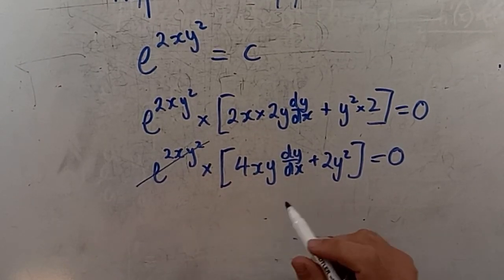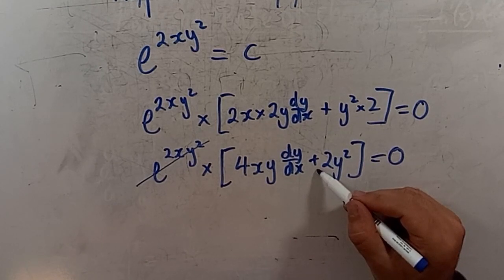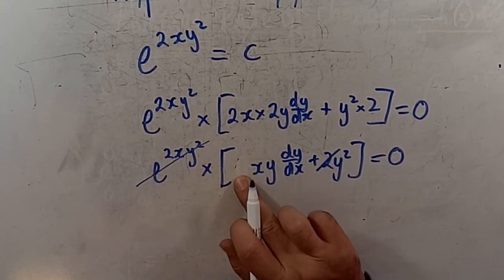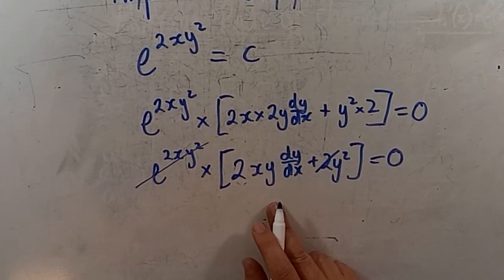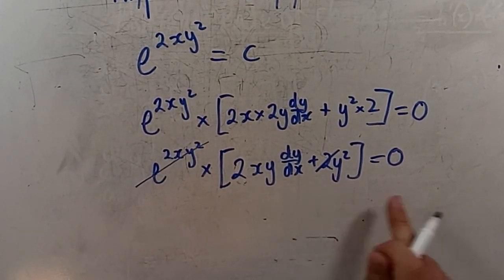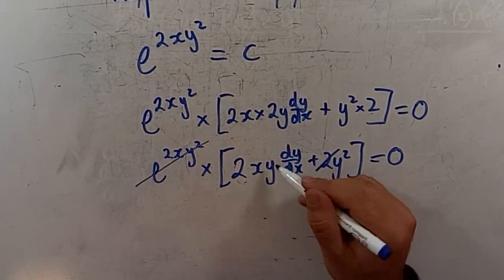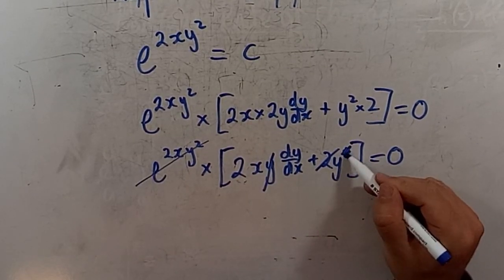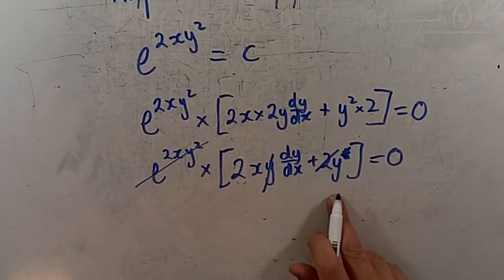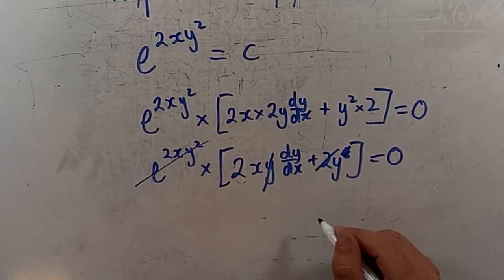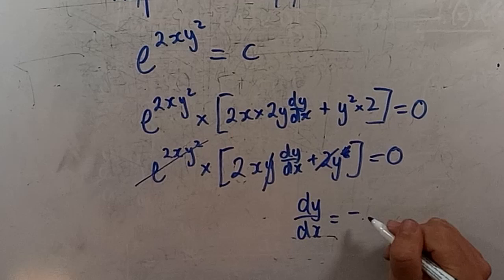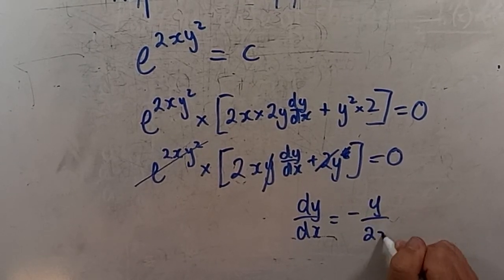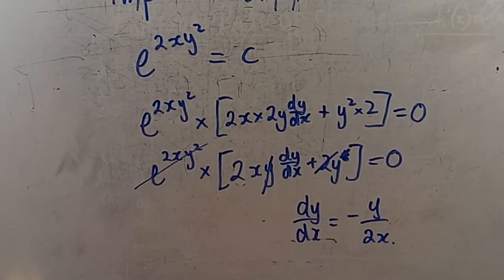I can divide it all by 2, so that's gone. This is changed to a 2. Running out of space, this makes it a bit easier. So I can divide both by y, gets rid of that one. So now I've just got dy/dx equals negative y on 2x, wonderful.